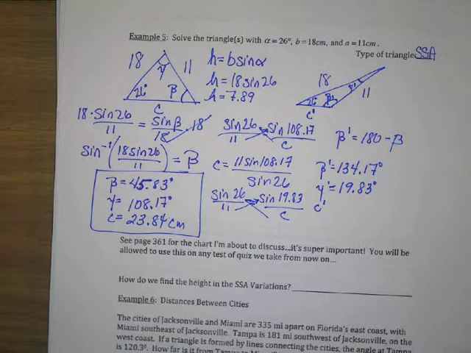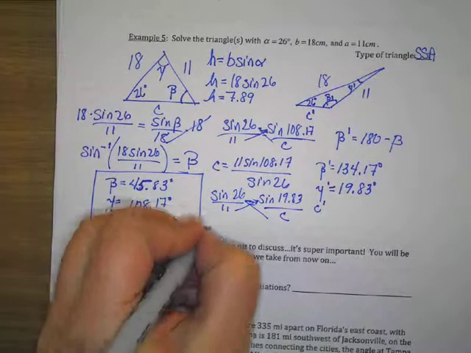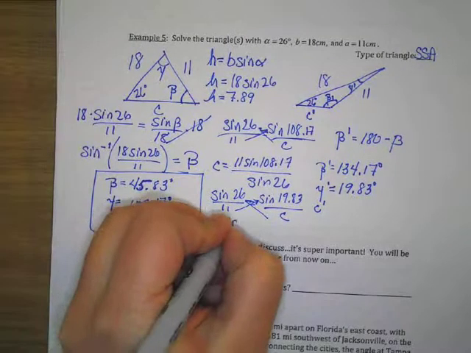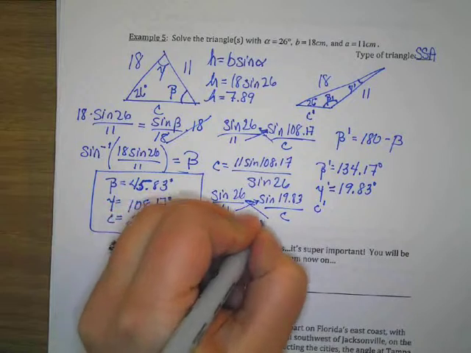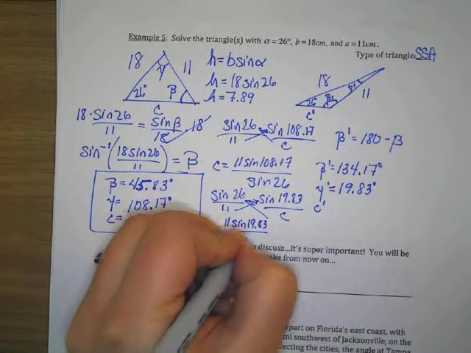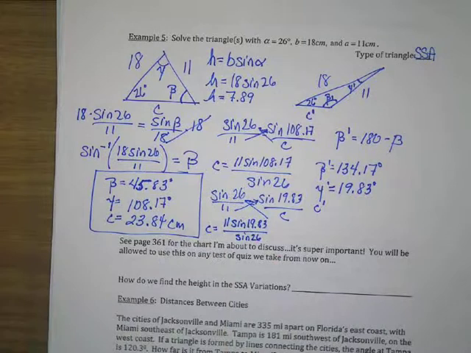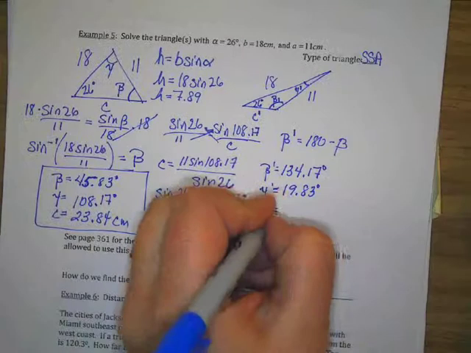I've totally run out of room. Oh, I did it again. What did you guys get for C? 8.59. Good.